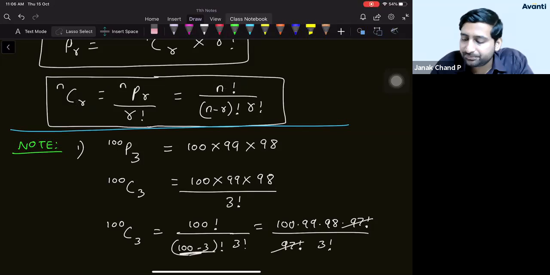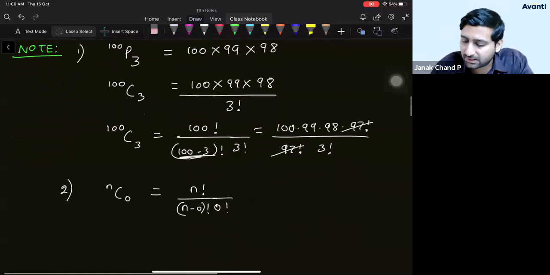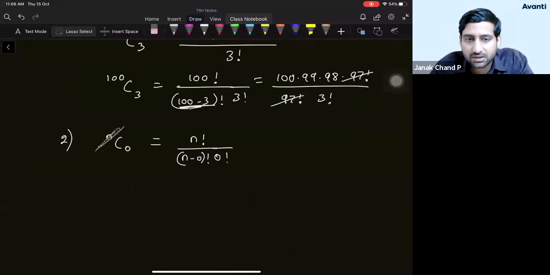N factorial divided by the difference of these two, divided by n minus r factorial, and then in the denominator r factorial. So NCR is n factorial divided by the difference of these two factorial and then r. So that means it starts from n and then there's a connection between n and r, that is n minus r factorial and then r factorial. Fine. So that is what I have done here, n factorial divided by n minus this factorial into this factorial.